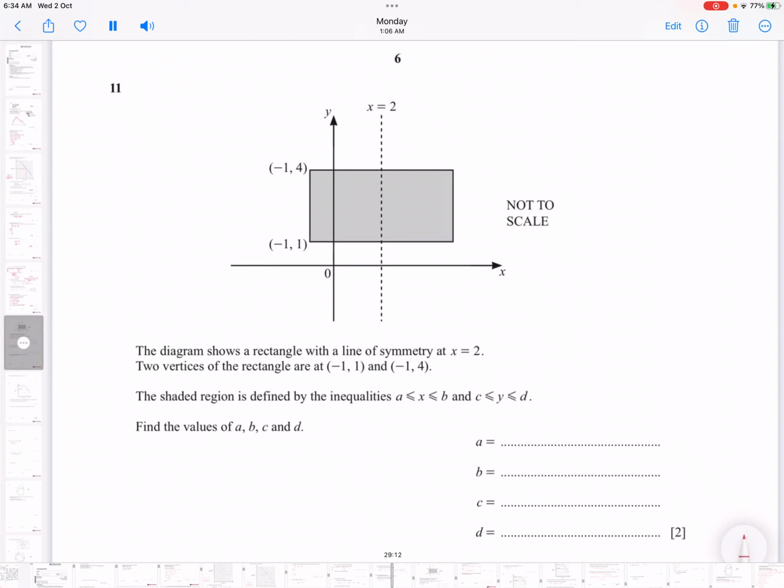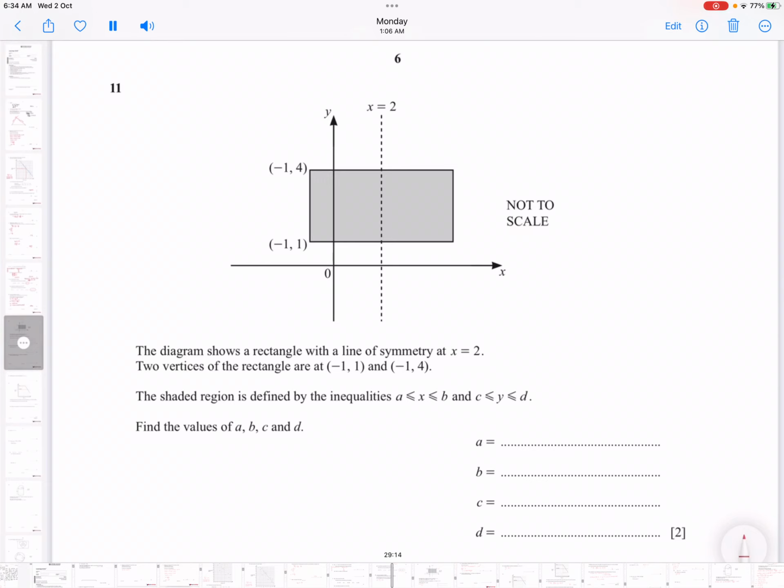So x is equal to 2 is a line of symmetry, so minus 1 comma 1. So minus 1 is your x coordinate, and from this x coordinate till x is equal to 2, we are 3 units away, so you add 3 units to x is equal to 2, so you reach 5.